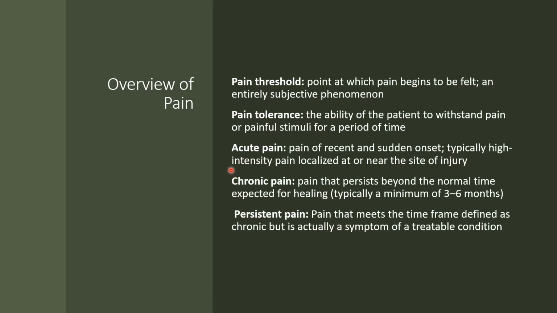So a few of those definitions that I want to hit right away now. First is going to be pain threshold. This is the point where pain begins to be felt. Right, so this is when the sensations that we are receiving from the periphery get interpreted in our body as pain. Pain tolerance then is the amount of painful stimuli that the patient is able to withstand for a period of time.